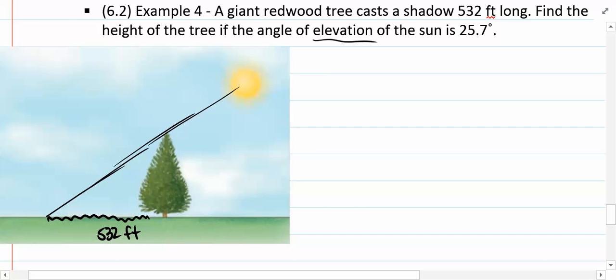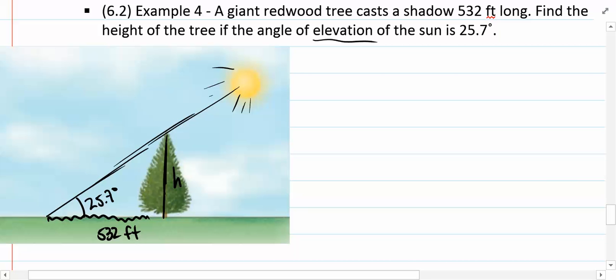So if I'm looking at the sun here, it's shining its rays down away from it, and it looks like the angle between this sun and the top of the tree is 25.7 degrees. Our job is to find out the total height of that tree.